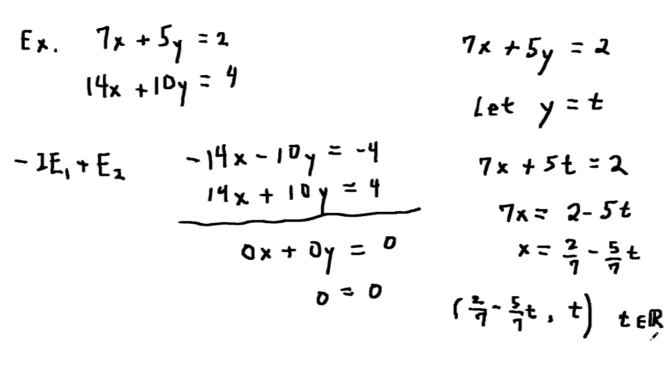So we write it like this: t lies in the set of real numbers. Okay, so the set of all pairs like this, where t is any real number, those are the solutions to this original set of equations.